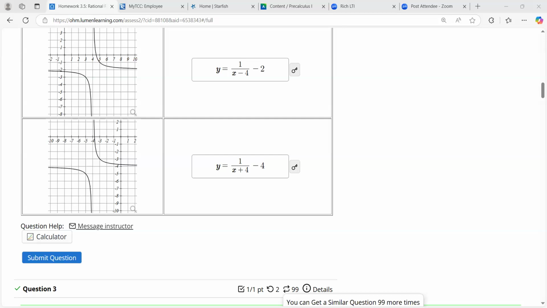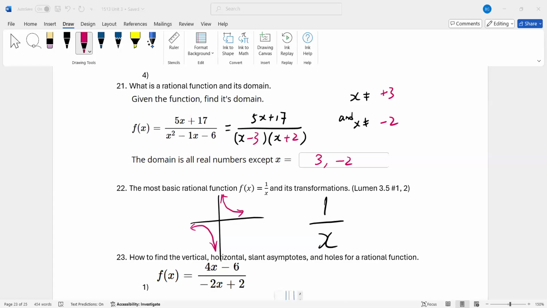You're still sharing the Lumen. Still Lumen? Stop share. Not this one. One more. This one. The notes, right?